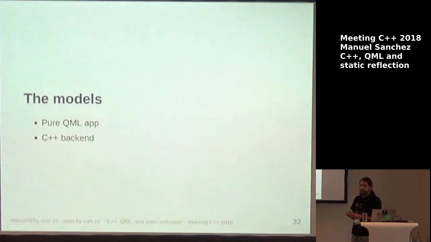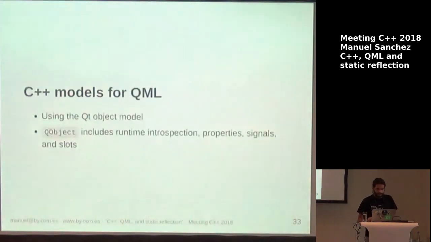A pure QML app, where you can write everything using QML, or, if you have a C++ backend, use a C++ backend against your UI. Using a C++ backend, you will have to use the Qt system of objects, that is, inheriting from QObject, using signals and slots, using Q_PROPERTY, and whatever.